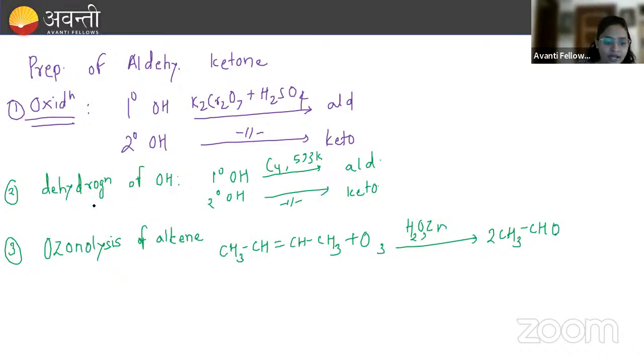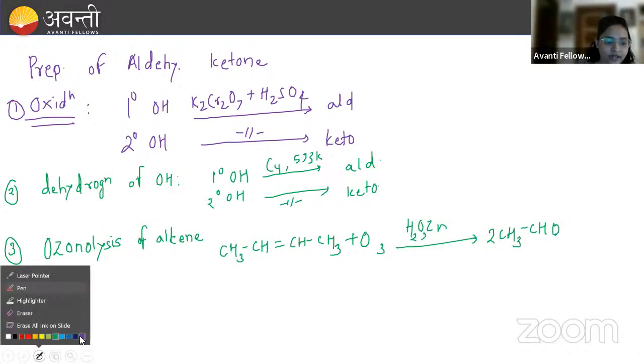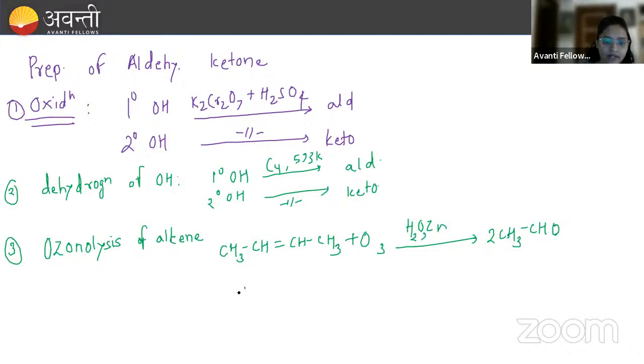Next reaction, if we have alkynes, suppose CH3C≡CH. The next reaction is hydration of alkynes.